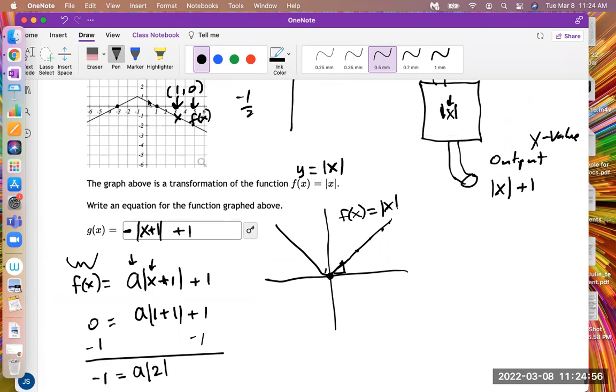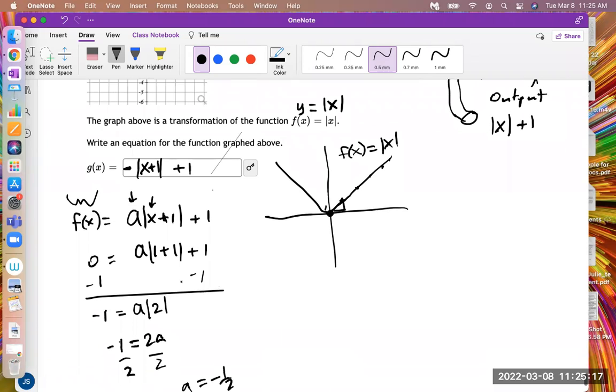Which is exactly what I was telling you before, that the slope here is -1/2. That's what I expected it to be. So our A here is -1/2.